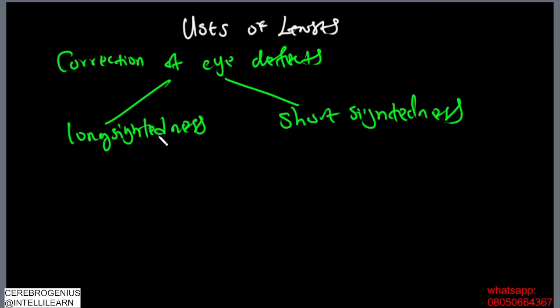So those are the other names that they can call them. Now, for you to understand the concept of long-sightedness and short-sightedness, it's important for us to understand the concept of near point and far point.